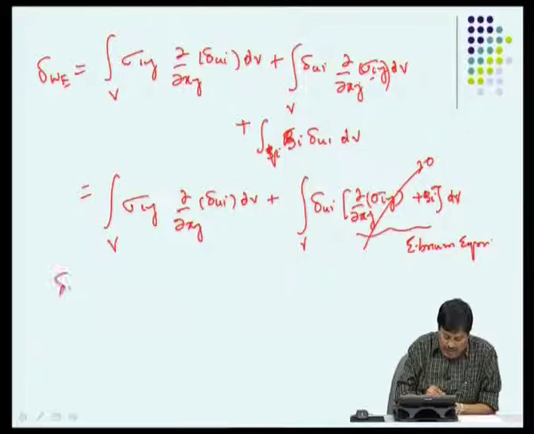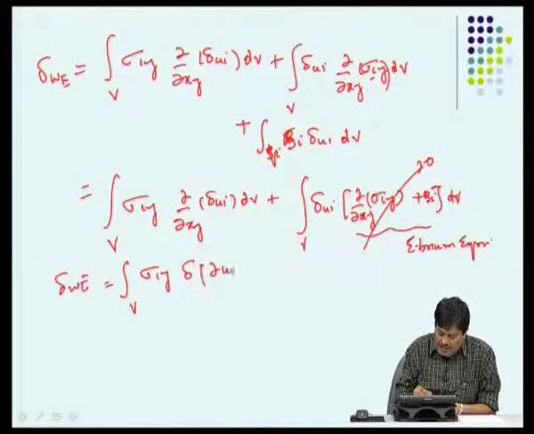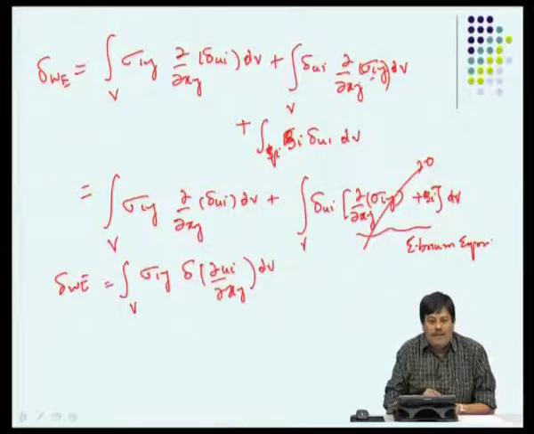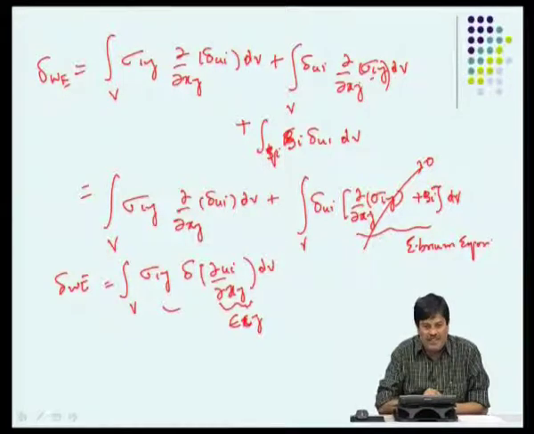So, delta WE will be equal to integral over the volume, which is sigma ij into, I can modify a little bit, I can take delta outside and I can say this is dui by dxj. And we know that this is the definition, dui by dxj is nothing but my epsilon ij, that is the strain displacement relationship.